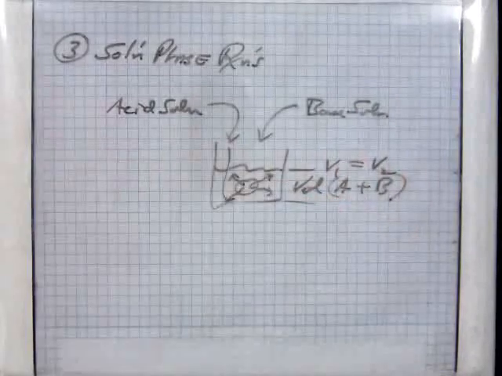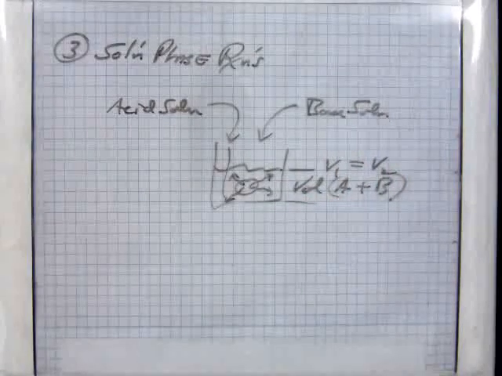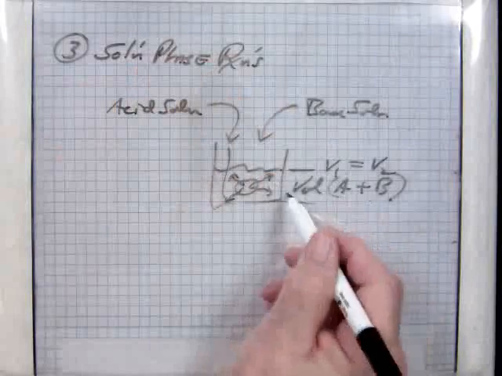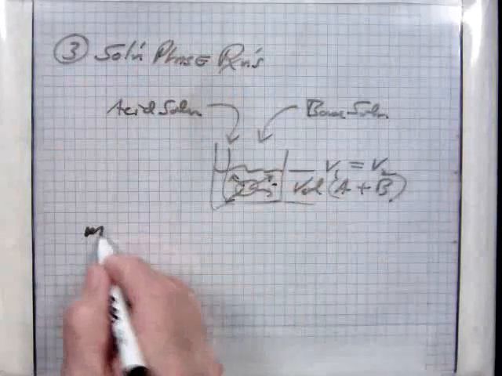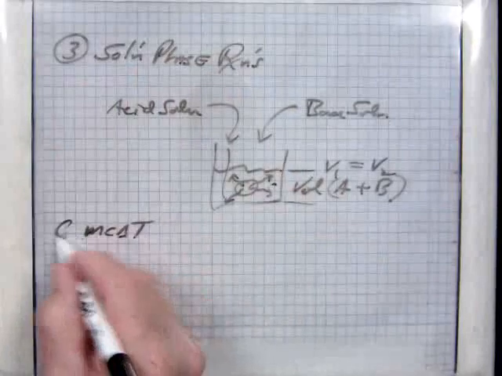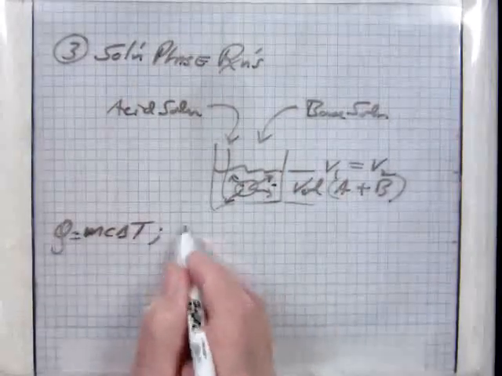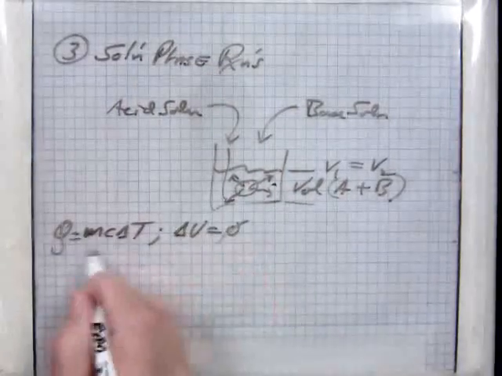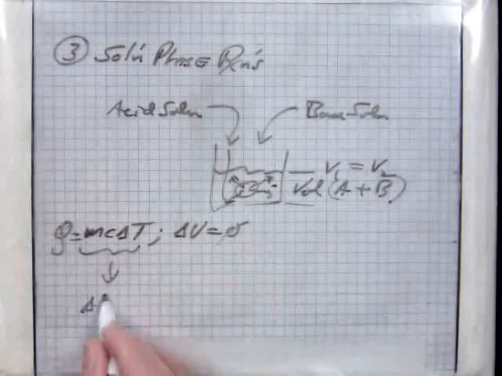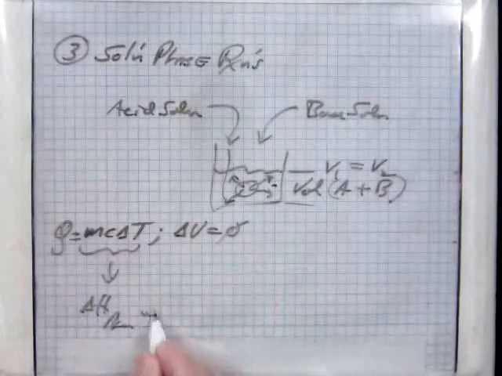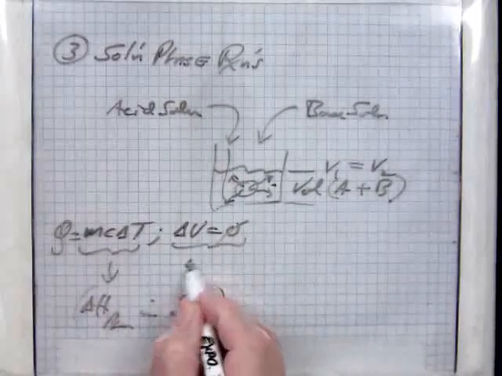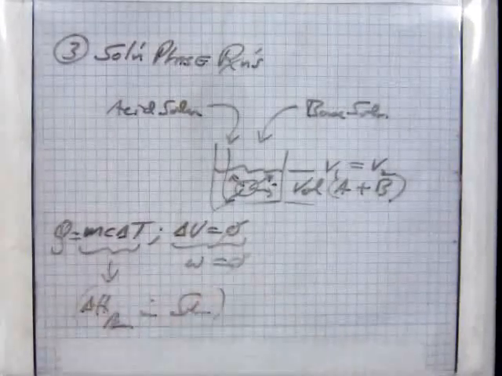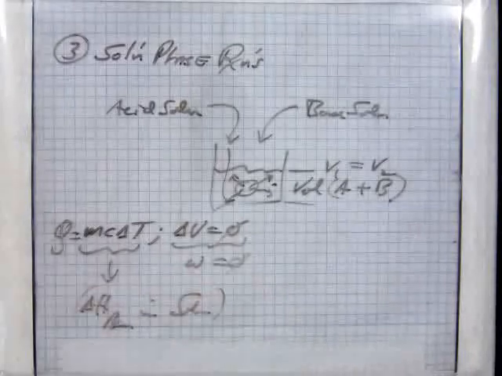Water doesn't expand like a gas does. So when you calculate the energy transferred into the water, you use m C delta T, and delta V equals 0. All this is giving you is delta H of the reaction in solution. The work is 0 because there's no expansion in the liquid.